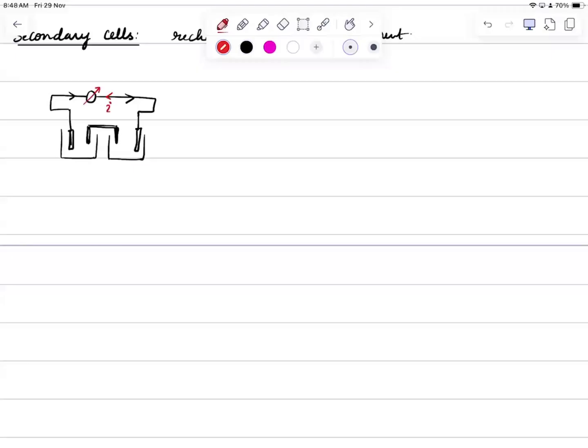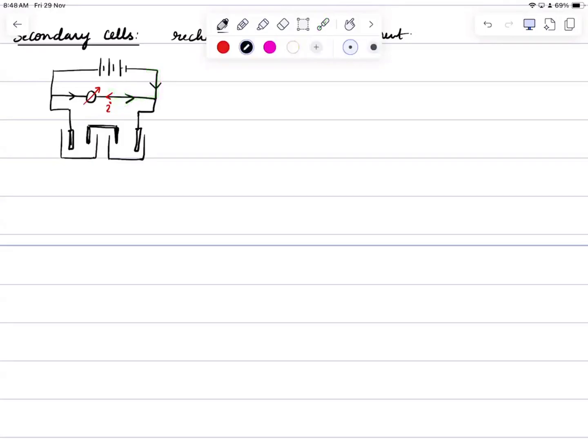Okay. This is the voltmeter. Imagine externally, I have one more source here, like this, and it is connected here. So now the flow of electrons is coming this way, which is opposing the flow of electrons.